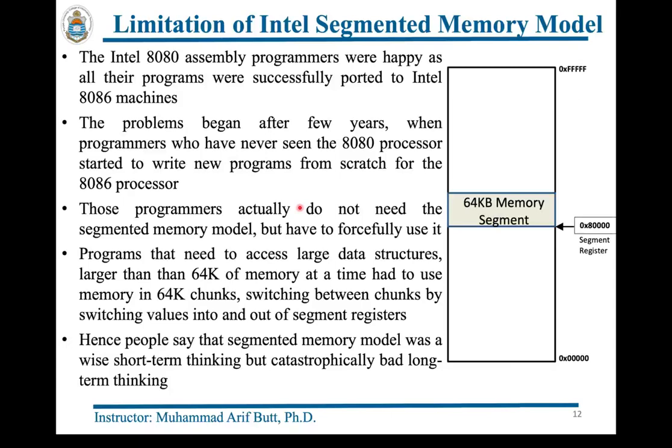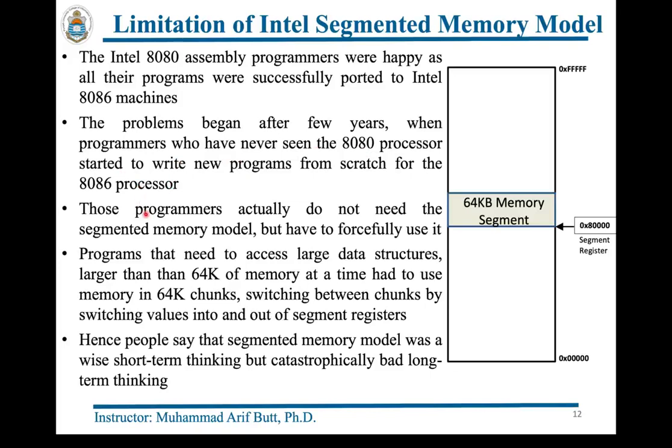Well, my dear students, Intel 8080 assembly programmers were very happy as all their programs were successfully ported to Intel 8086 machines. The problems began after a few years when programmers who had never seen the 8080 processor started to write new programs from scratch for 8086 processors.